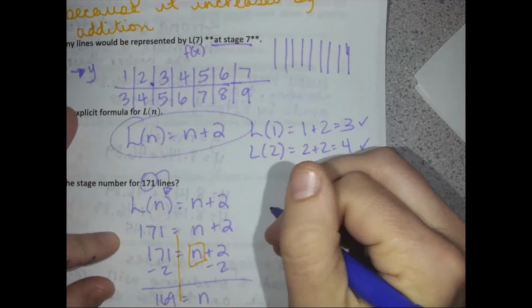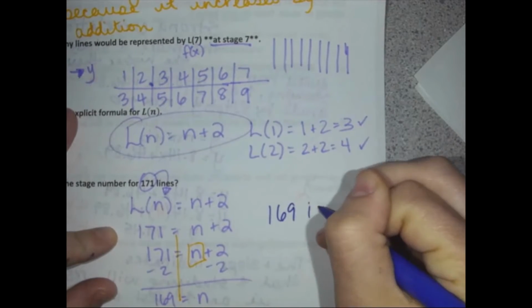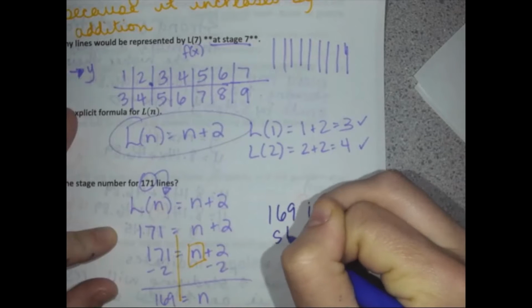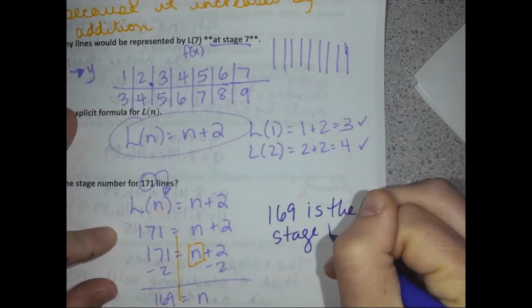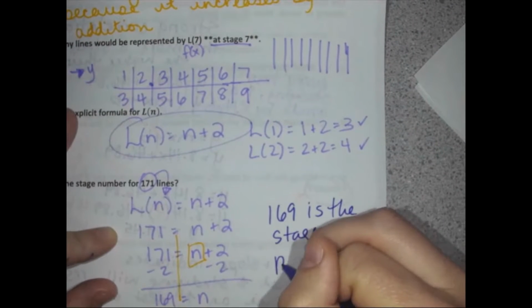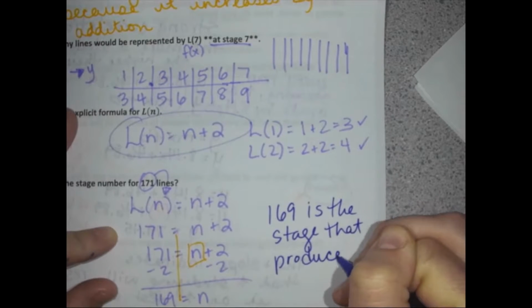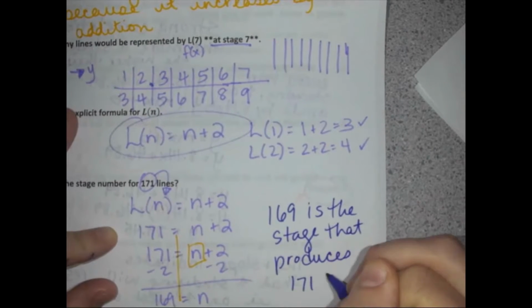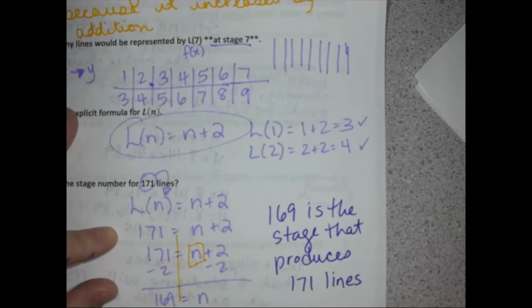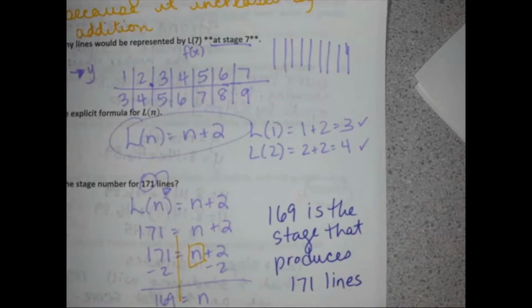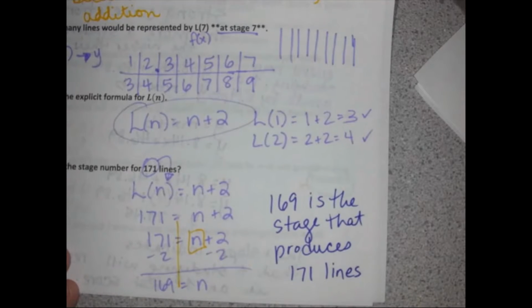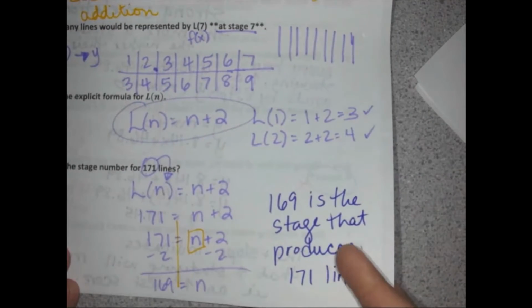So for me, 169 is the stage that produces 171 lines. All right, let's go ahead and move on.